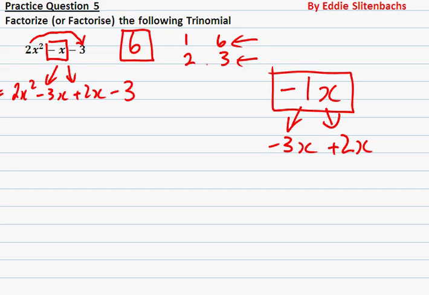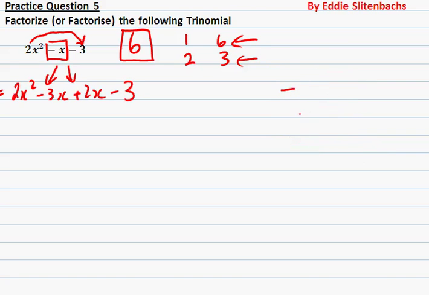Now, like we did on the previous questions, we look at the first two terms. So I've got 2x squared take away 3x, and I'm going to factorise just those first two. They're still going to have the same meaning.